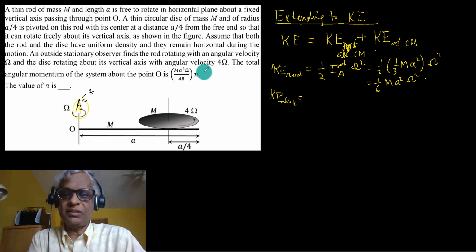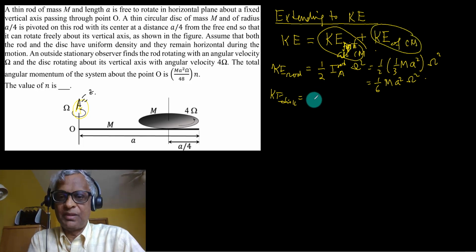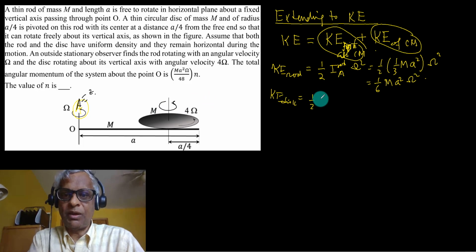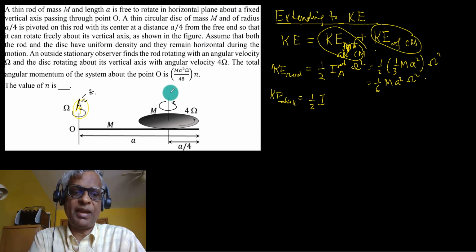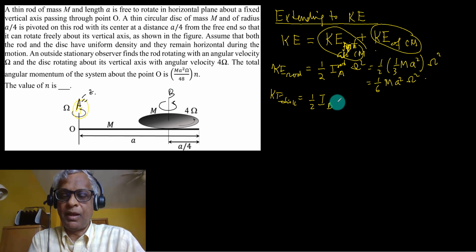Just like there, we have this separation, so that of the cm of this motion is going to be 1/2 I about this axis B, and 4 omega square.